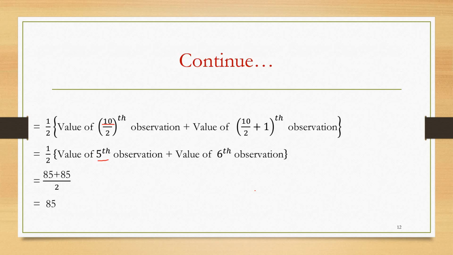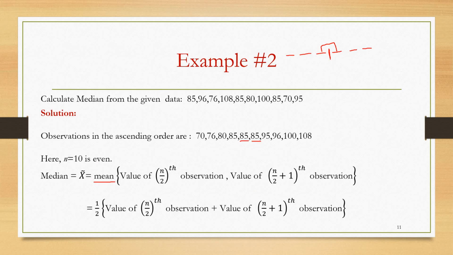For example, in the previous example, if we just exclude 85, the 6th value, and write 89 instead, then the median will be 85 plus 89 divided by 2, and median will be changed.